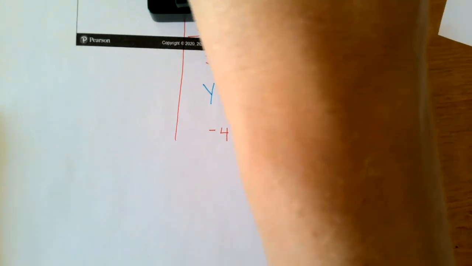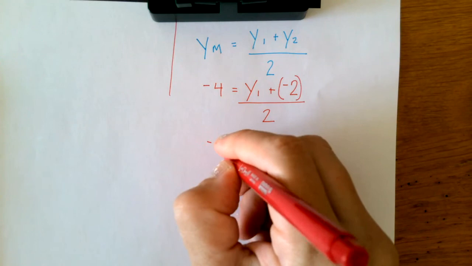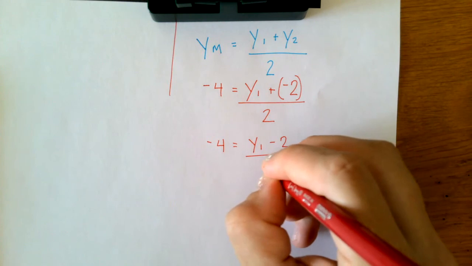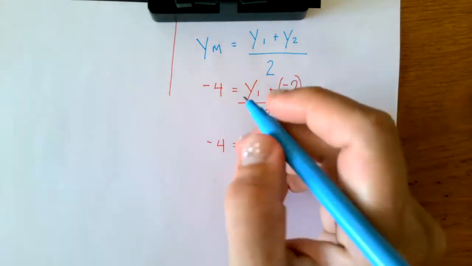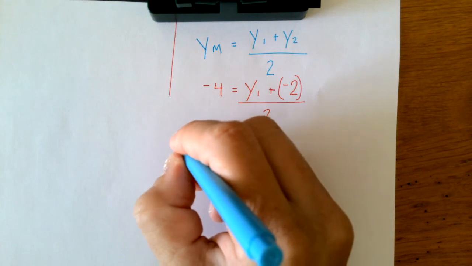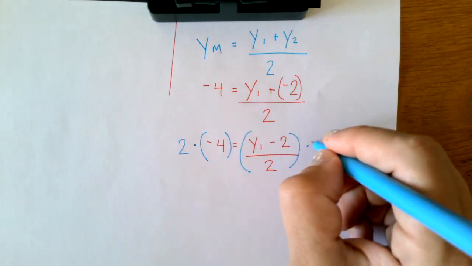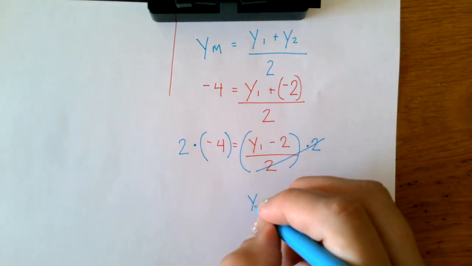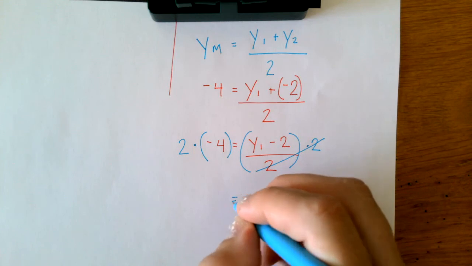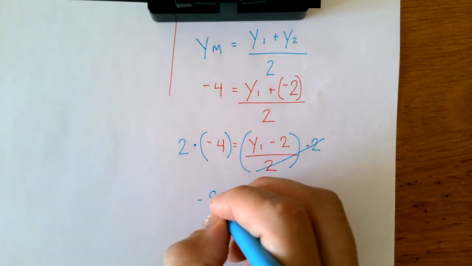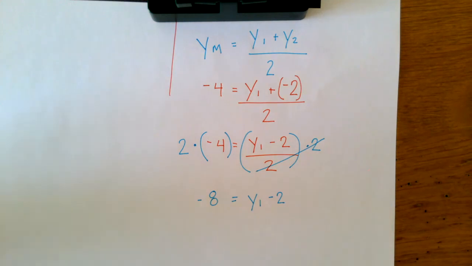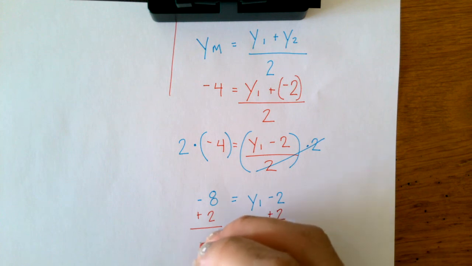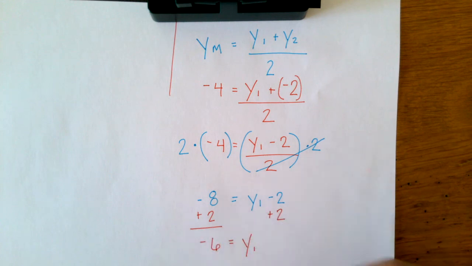So I can also rewrite that as -4 equals y1 minus 2 over 2. Again, I want to get rid of the fraction, so I'm going to multiply by 2. y1 minus 2 is -8. Add 2. -6 is y1.